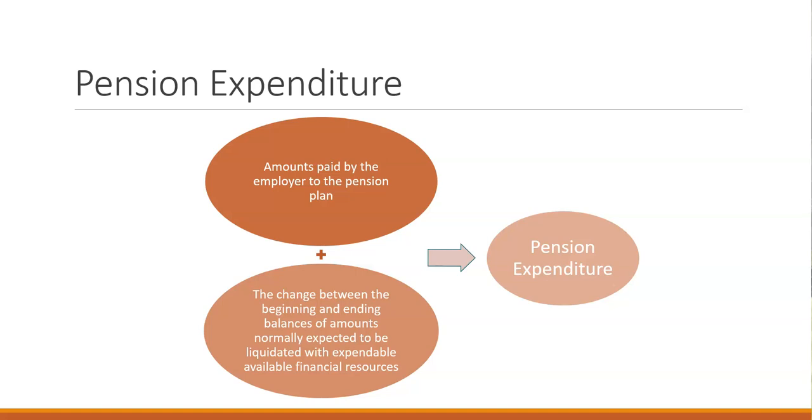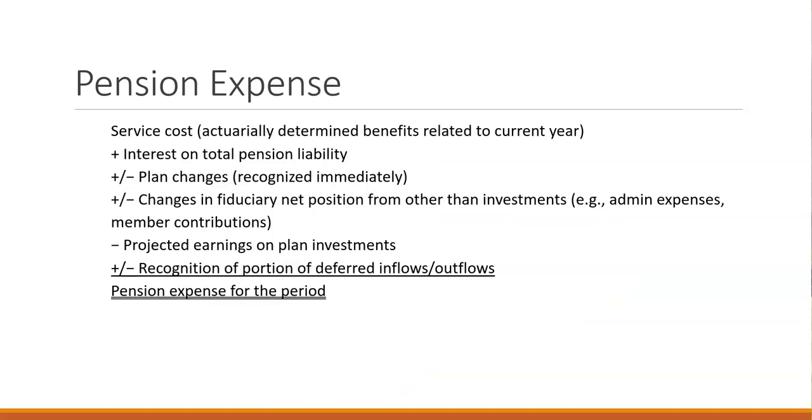When we look at our government-wide statements, the pension expenditure includes both the amount that the employer, the government, contributes to retirement savings accounts, and also payments to current retirees, those annuity payments.